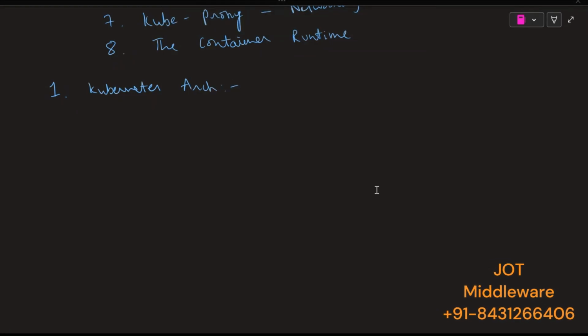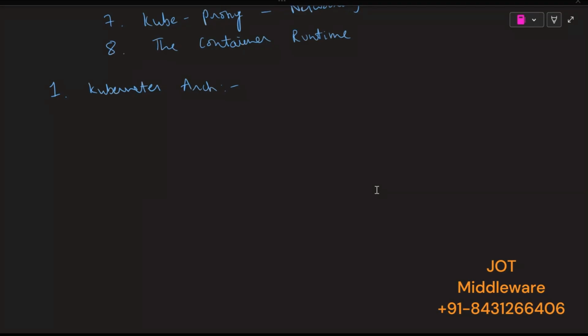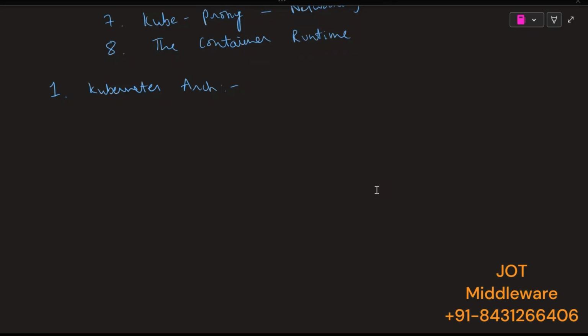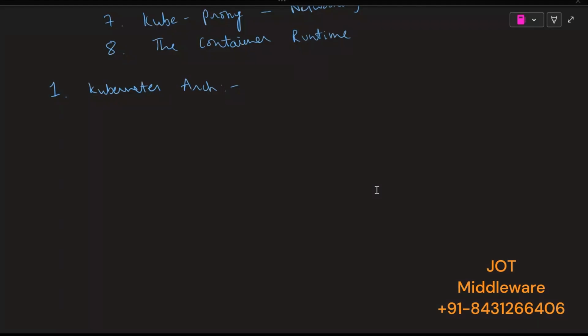Every time I sit with a new team that is adopting Kubernetes, the first thing I draw is this overview. It is not about YAML files, the manifests we use in Kubernetes. It is not about the commands. It is just a picture of what the Kubernetes cluster actually looks like.